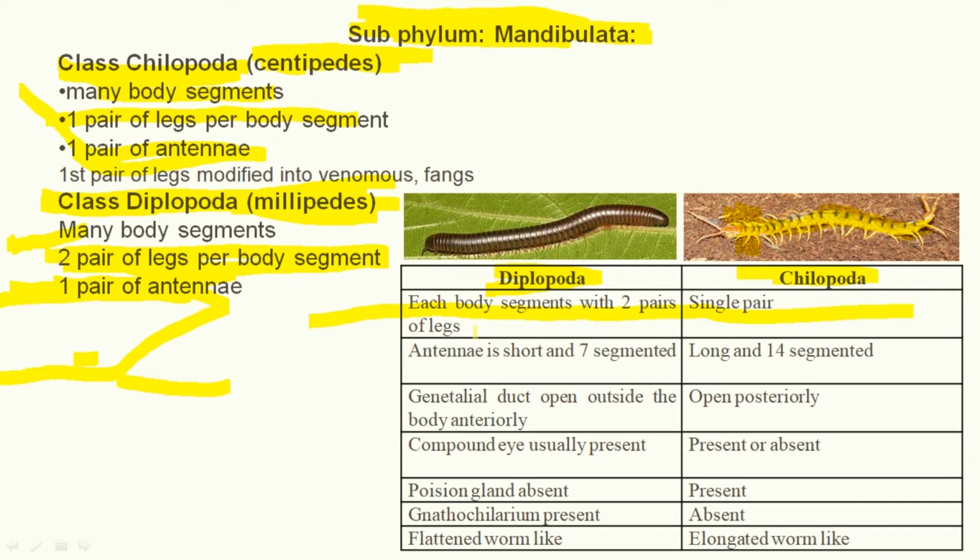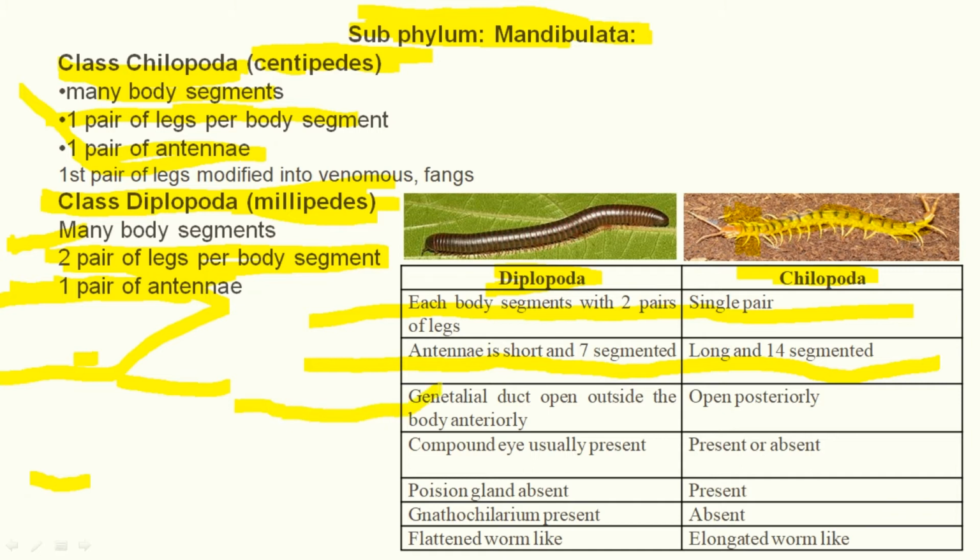So in each segment, they have 2 pairs of legs. But in the case of Chilopoda, in each segment 1 pair of legs will be there. In Diplopoda, the antenna is short and segmented. But in the case of Chilopoda, the antenna is long and they have 14 segments.